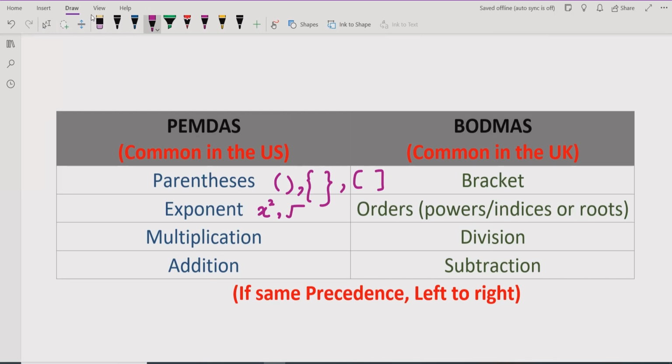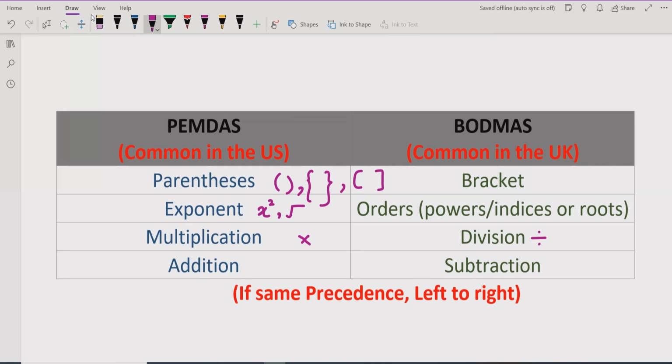Multiplication and division have the same precedence in both rules. If you are going left to right in your expression and you get the division first, you solve that one, and if you get the multiplication first, you solve the multiplication first. Both have the same precedence, that's why we put them in the same line.